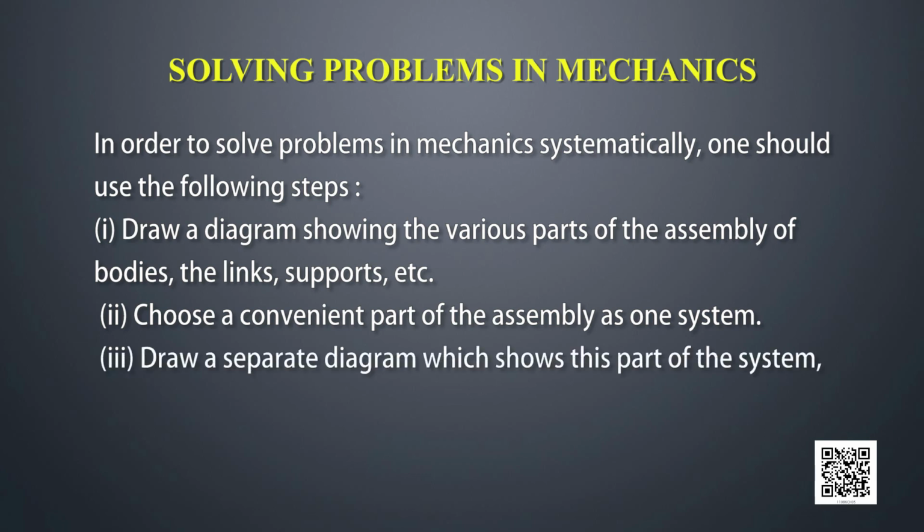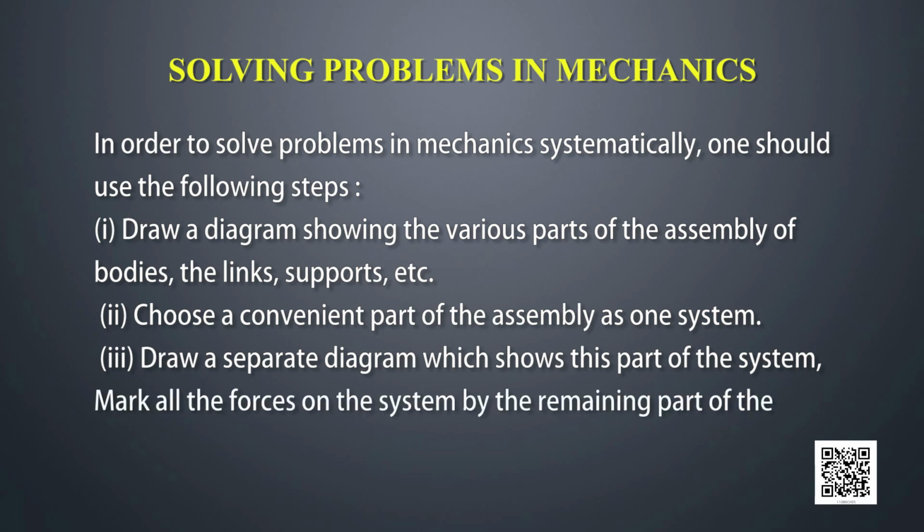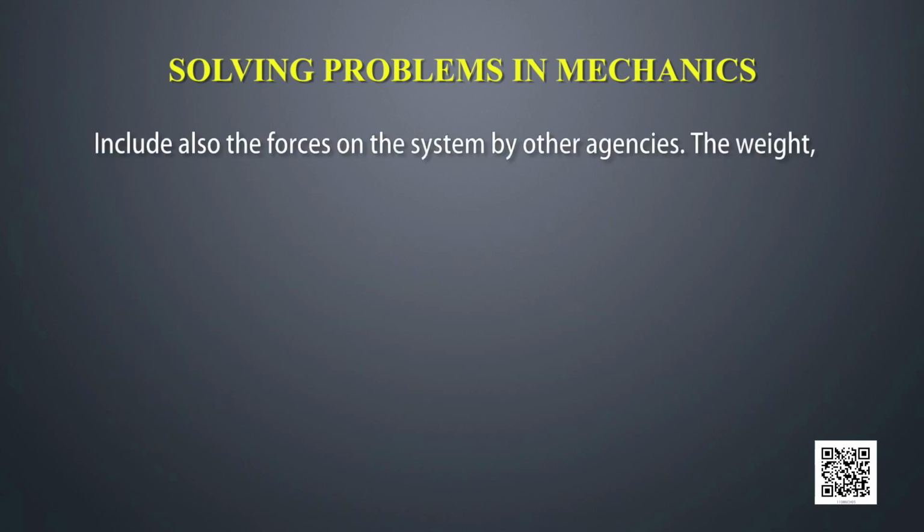Draw a separate diagram which shows this particular part of the system, that is the block alone. Mark all the forces on the system by remaining parts of the assembly. You must include the forces on the system by other agencies.